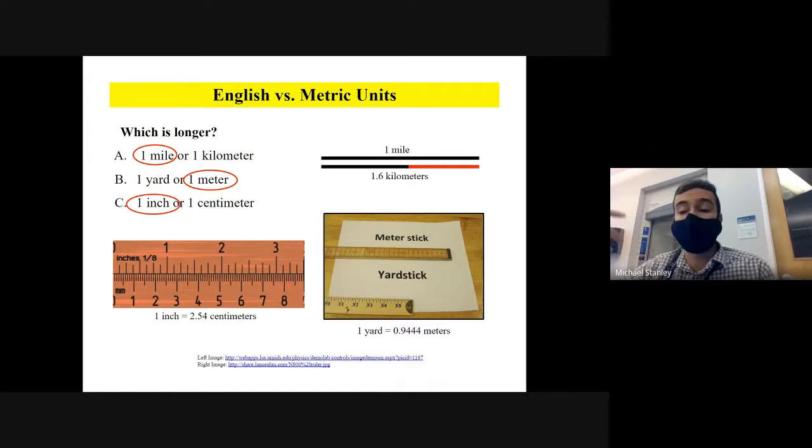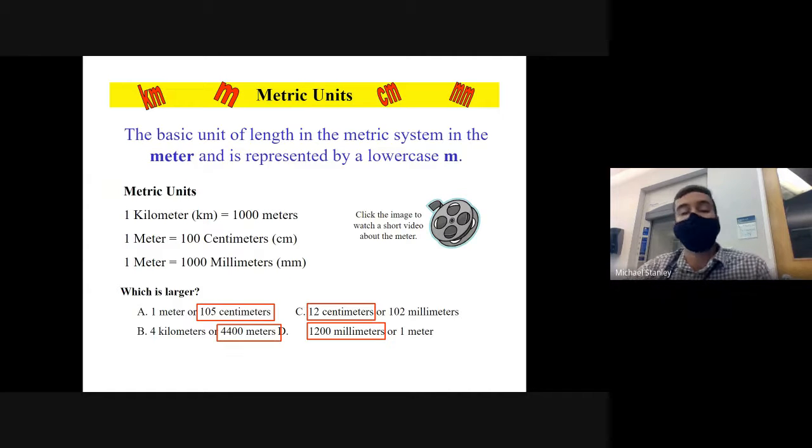So that's one of the things that scientists really like about the metric system, is that all of the different sizes are based around the base of 10 or 100 or 1,000, which is really easy to convert between in a way that we'll talk about in a little bit.